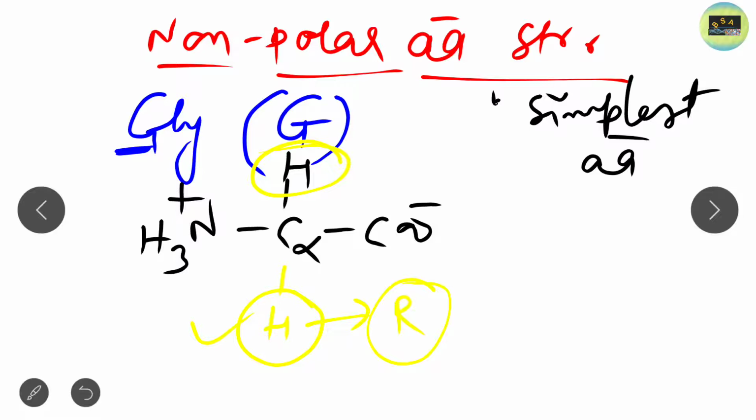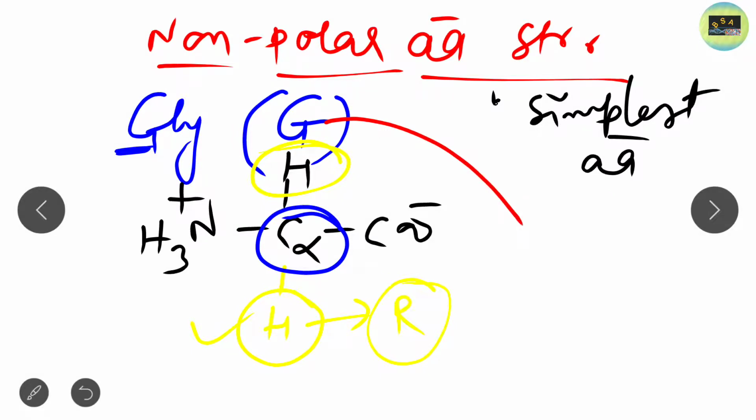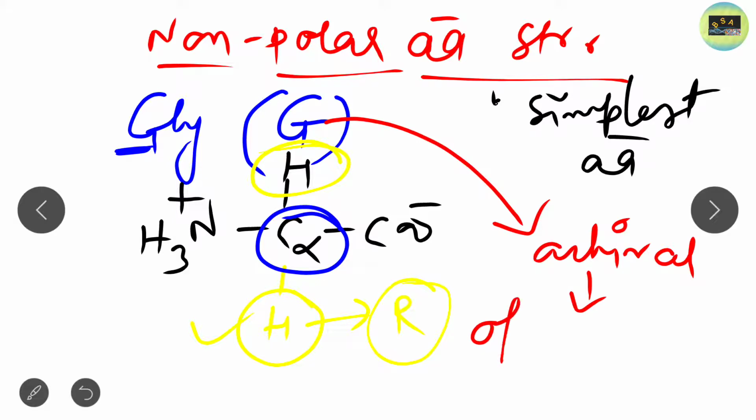It means this carbon does not have 4 different arms. That's why glycine is the only amino acid among the 20 amino acids which is achiral in nature, and as a result, it is optically inactive.